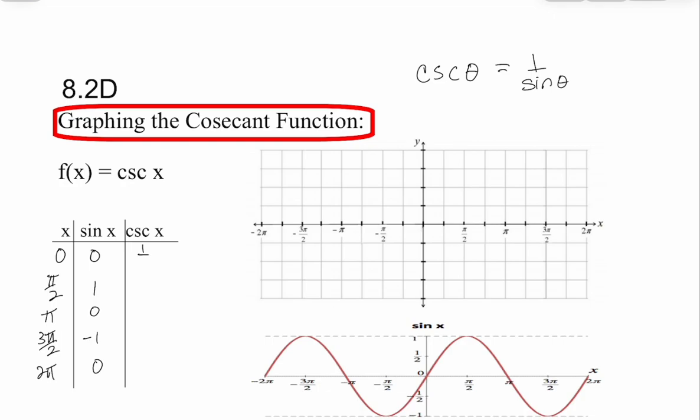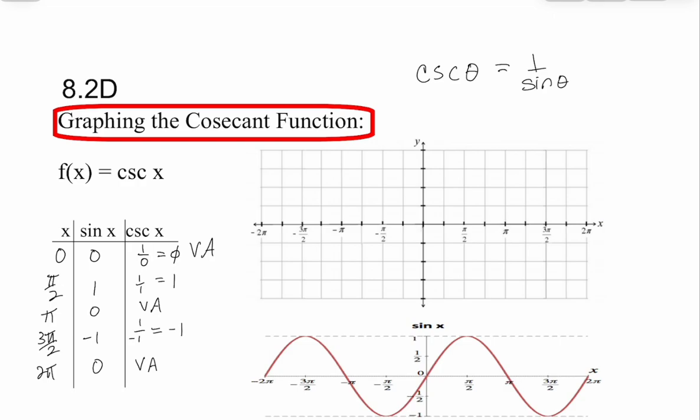So if we have 1 over 0, that is undefined, so that is a vertical asymptote. 1 over 1 is okay, it's just 1. 1 over 0, again, we get a vertical asymptote. 1 over negative 1 is just negative 1 still. And then we get an undefined value again, we get a vertical asymptote.